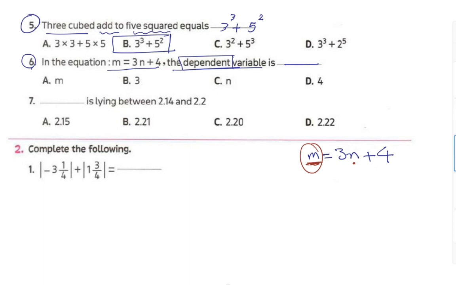Always you have the variable which has some operation beside it, like 3 by n added to 4. That means this variable is the independent one.